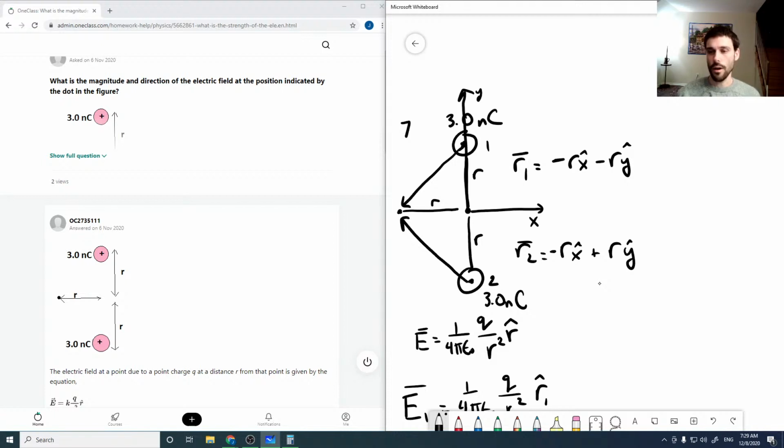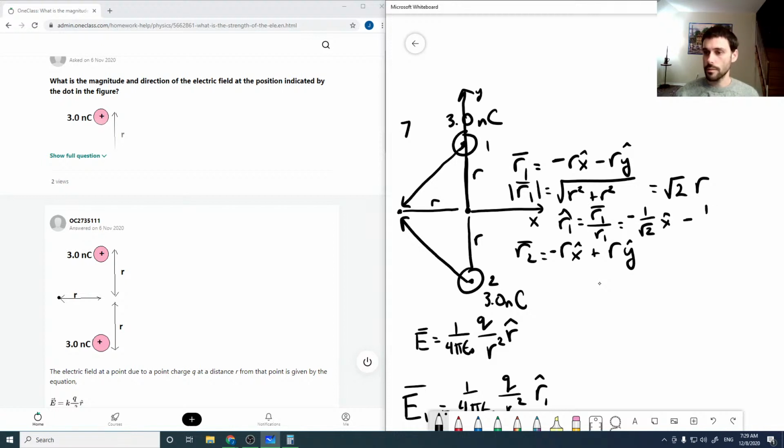And so we can solve for our magnitude, which would be the square root of r squared plus r squared. So that's summing the individual squared components. And that would be square root of 2 r. And then our r1 hat is just our vector over our magnitude, which is then just minus 1/√2 x hat minus 1/√2 y hat.